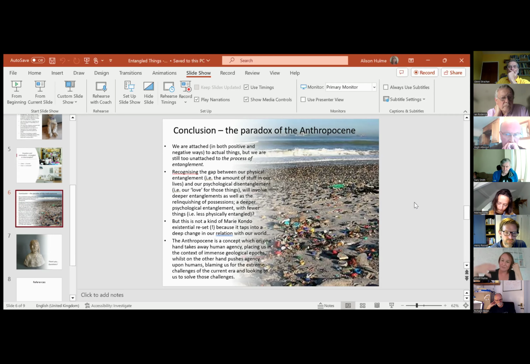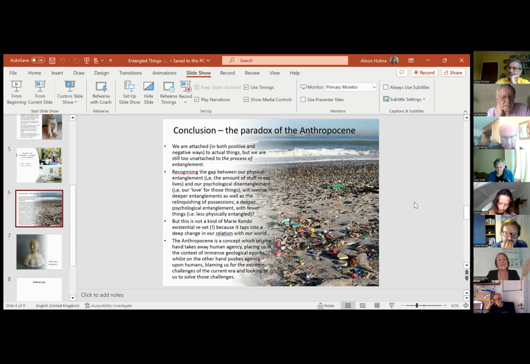And this is where the Anthropocene comes crashing back into this whole discussion, because there is a paradox of the Anthropocene, and that is that it's a concept which, on one hand, takes away human agency. It places us within deep time, within this immense geological epoch, as a tiny and the most recent part of that, a tiny epoch compared to the others.